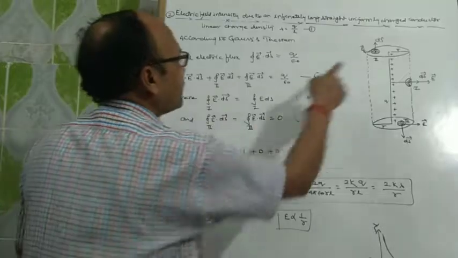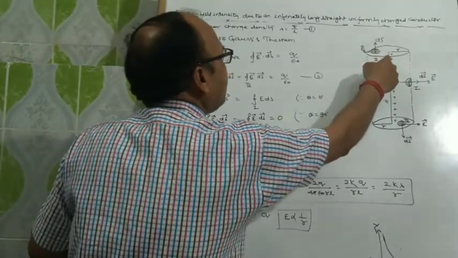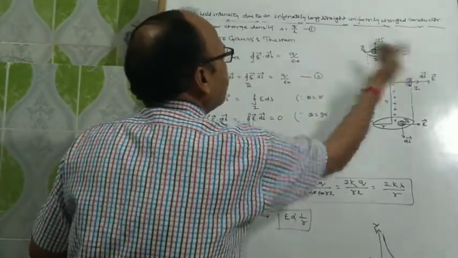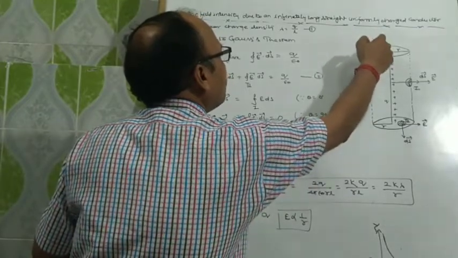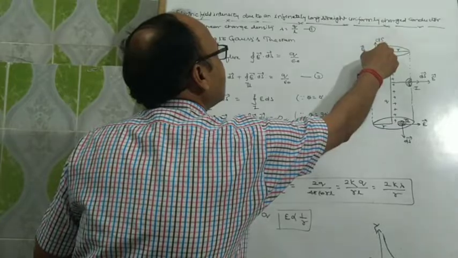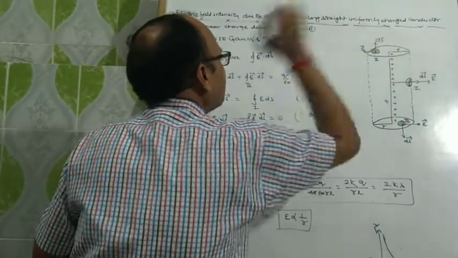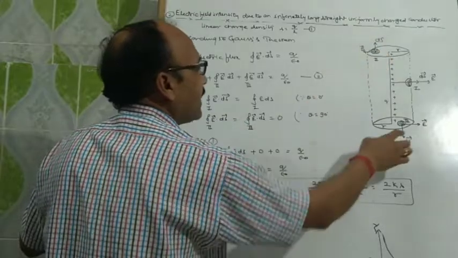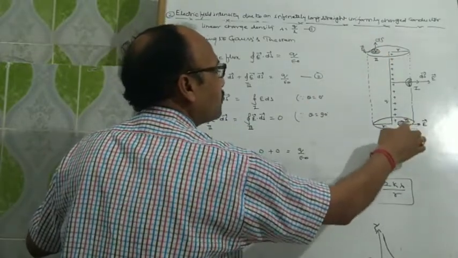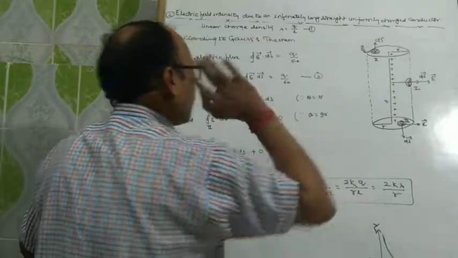Now from the two surfaces, the electric field will be in this direction, means right to left. So this is the direction of electric field and this is the normal to the surface, means the direction of area vector ds. Here this angle is 90 degrees, and in this case also the angle will be 90 degrees.